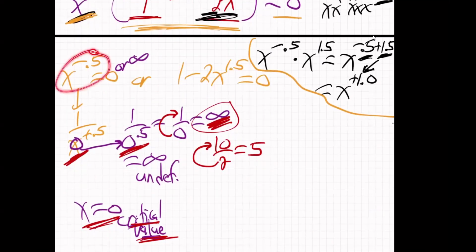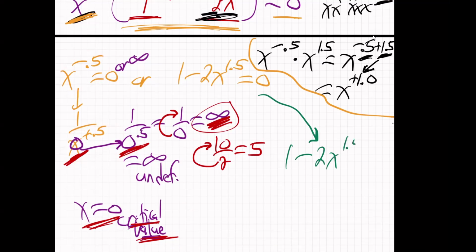As soon as you have x to a negative power in the denominator, anything making that denominator 0 makes the whole thing infinity. So x equals 0 is a critical value. The other one is to take this little equation over here and solve for x. How do we do it? Well, subtract 1 on both sides for starters.